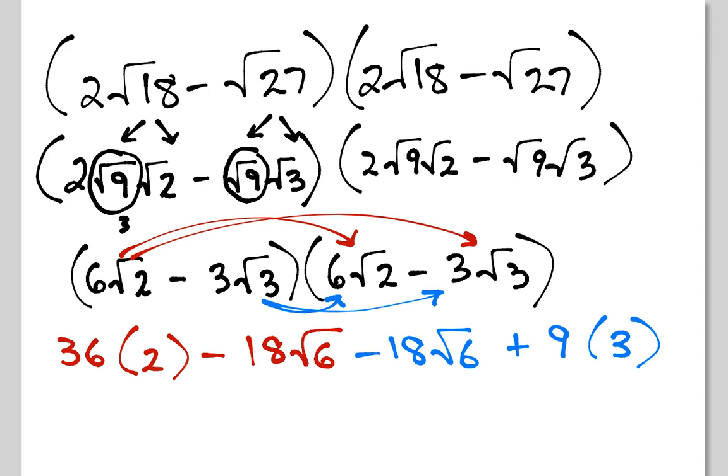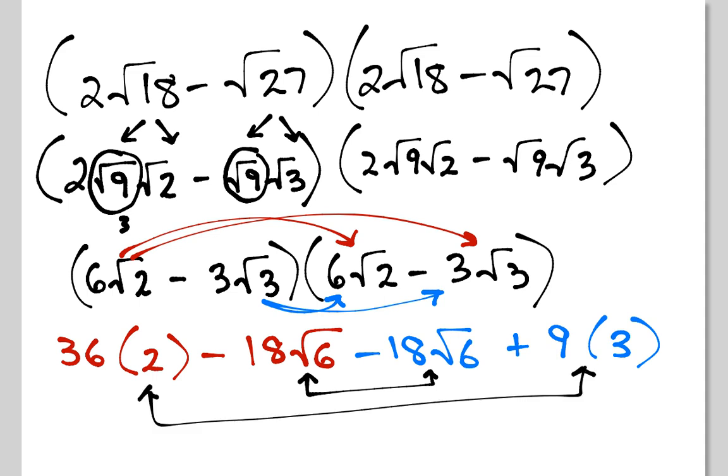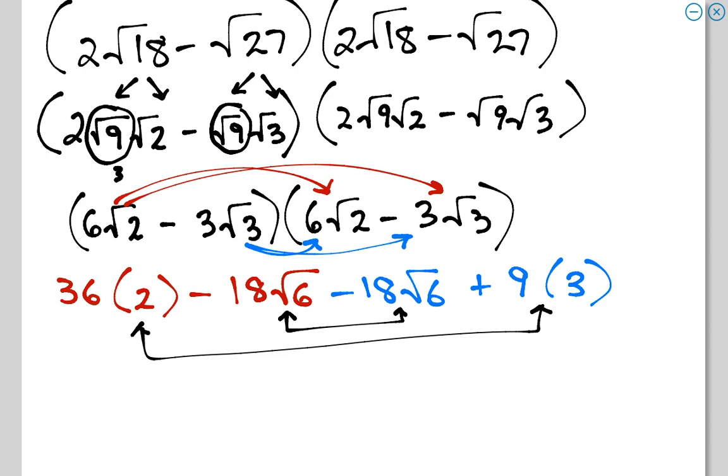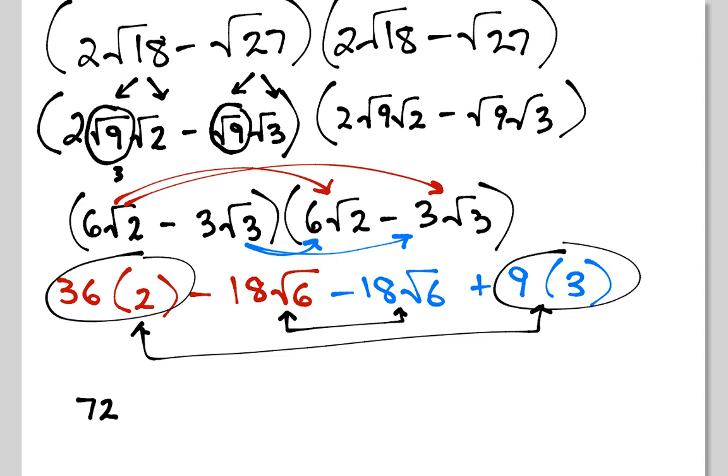Now what do you see in the middle? And what do you see on the ends? So 36 times 2 is 72. That's this one, right? And what's 9 times 3? 27. So those go together.